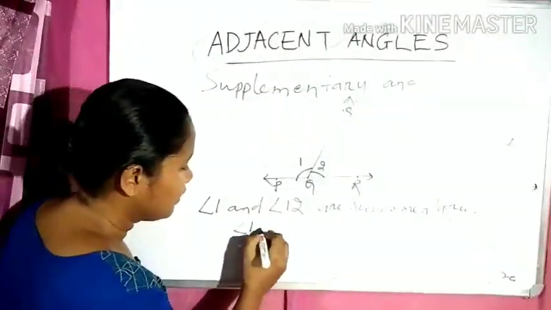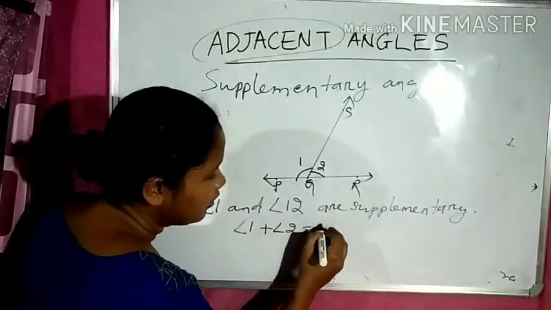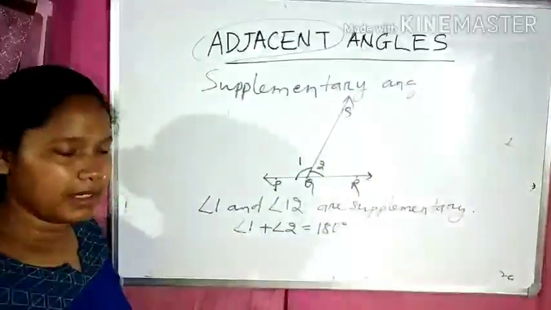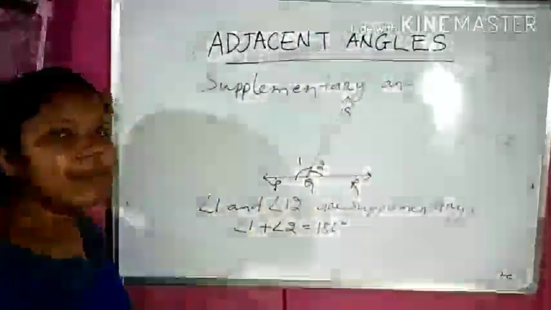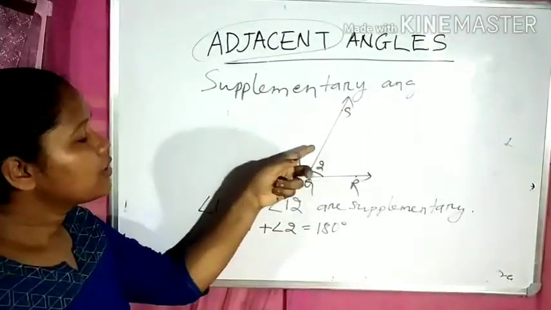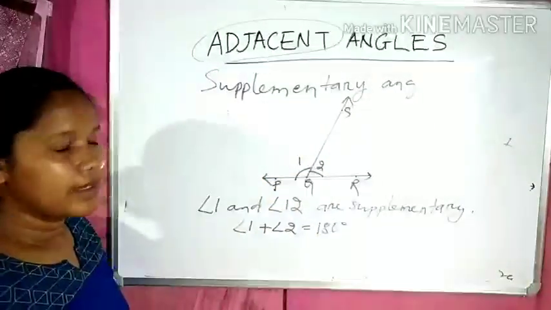So here angle 1 plus angle 2 equals 180 degrees. That's why we say these 2 are supplementary. So are these 2 supplementary angles adjacent angles?